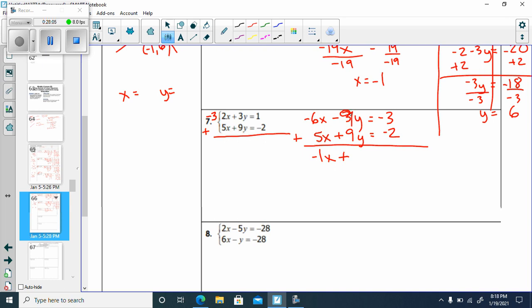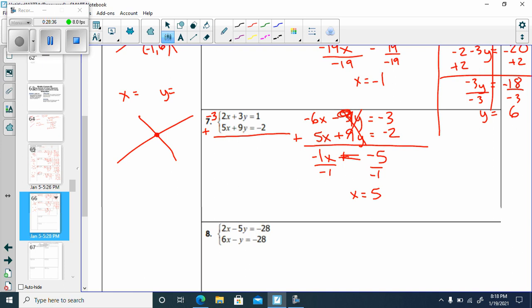Negative 3 times 1. Okay, sorry about that, guys. Negative 6x plus 5x is negative 1x. Negative 9y plus 9y is 0. That eliminates that variable. Negative 3 plus negative 2 equals negative 5, right? Okay. So I need to divide both sides by negative 1, and x is equal to 5.